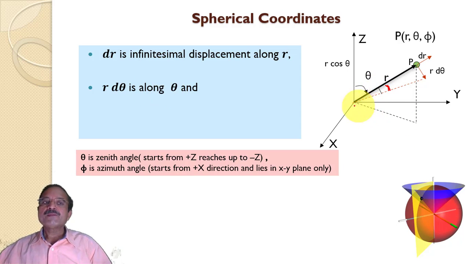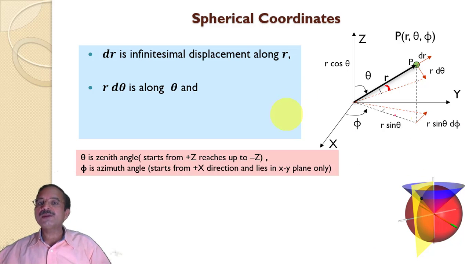Now, in the same manner, the differential length in the phi direction. Phi is the angle, so we have to calculate the length in that direction. This is a small angle d phi. Now, we have to find the differential length because of this angle d phi. This is r. If I take the projection of r in the xy plane, I get r sin theta.